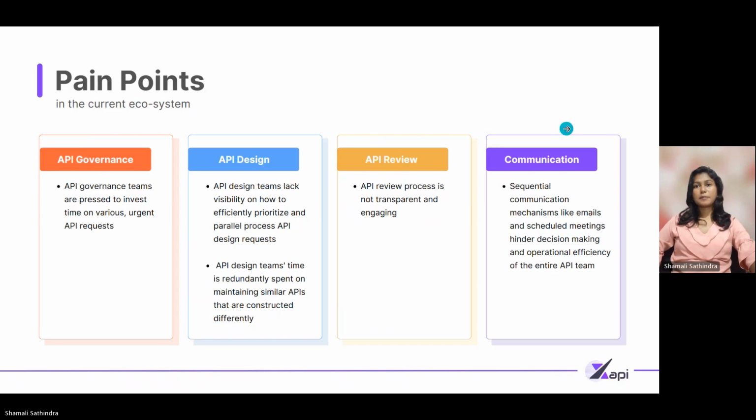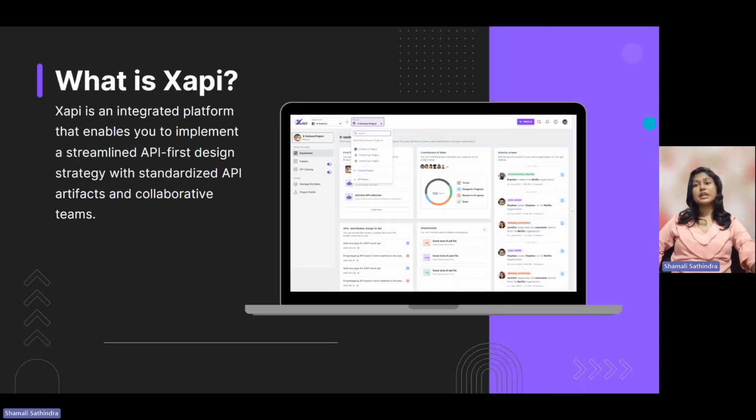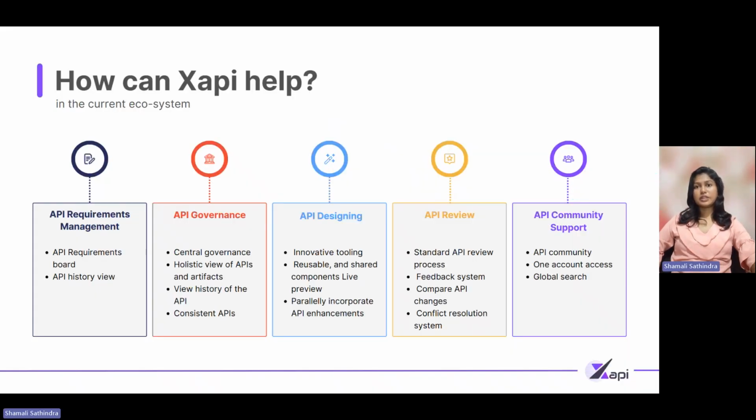In this phase, we will introduce Xapi, an API design platform that supports the design first approach. Let's have a look at how Xapi addresses the previously mentioned pain points.